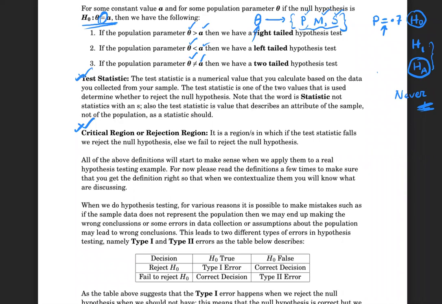Significance level tells you how confident you are, or technically, what the chances are that you are wrong. If significance level is 5%, that means 5% of the times you will be wrong. That means 95% of the times you will be right. So that's basically what significance level is.